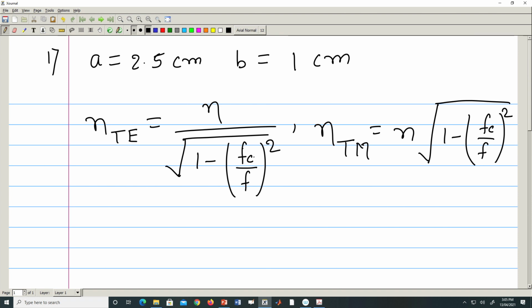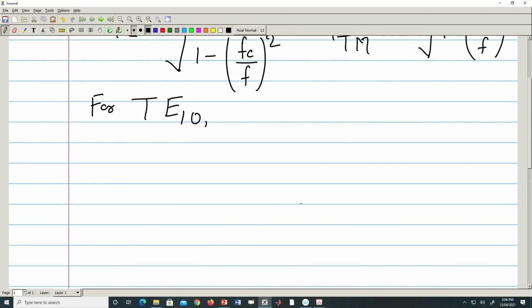For the TE10 mode, we know f c for a rectangular waveguide is defined as u by 2 times the square root of m by a whole square plus n by b whole square.